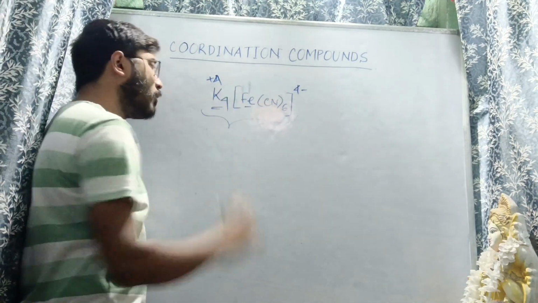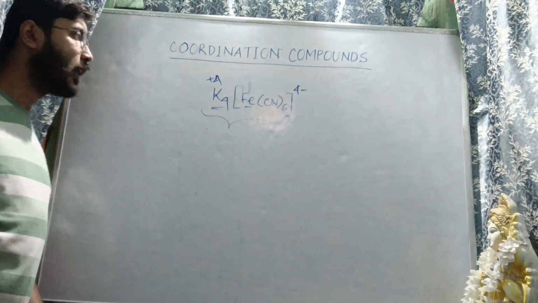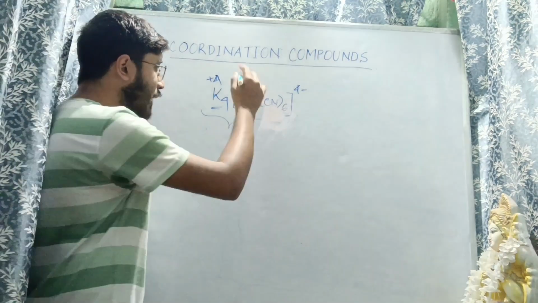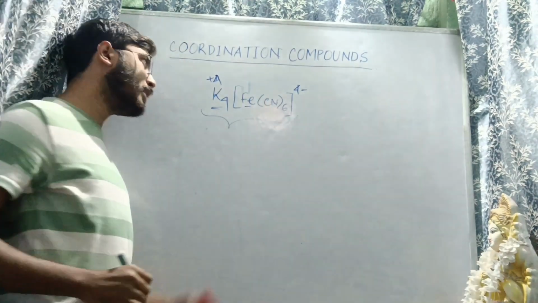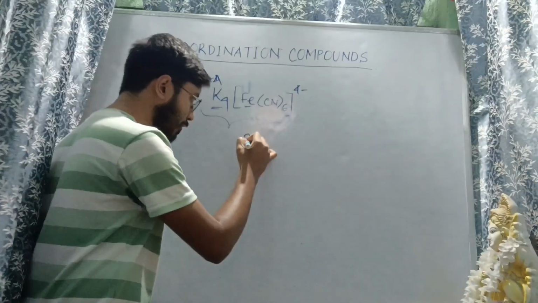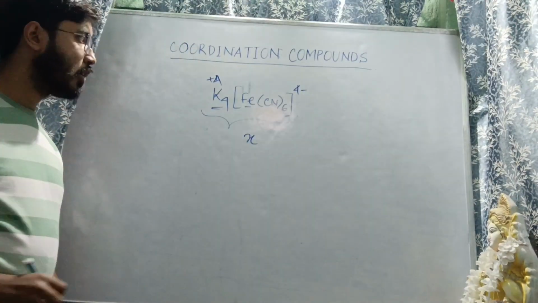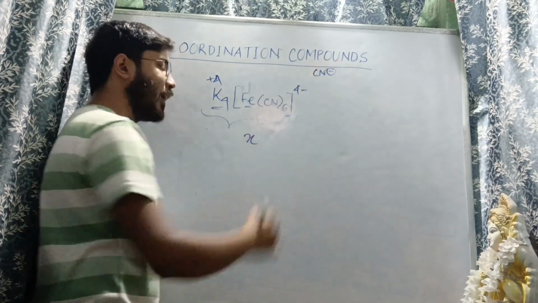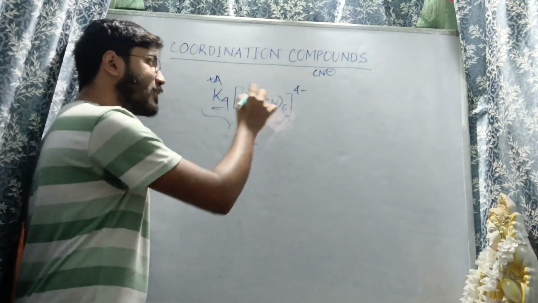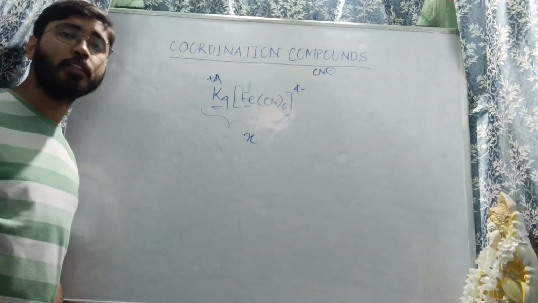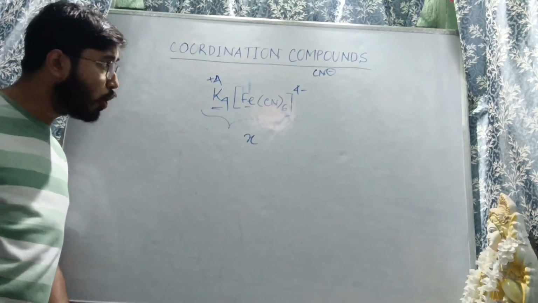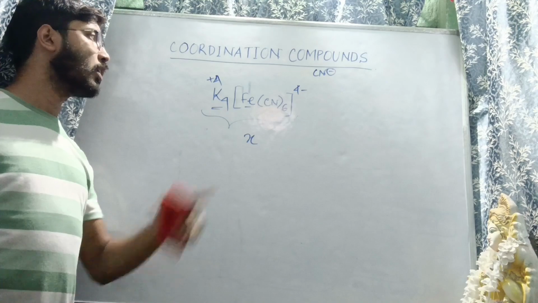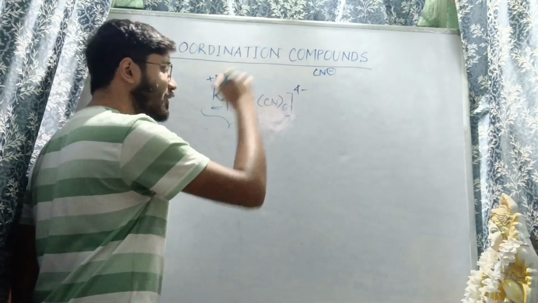So at first we calculate the oxidation number of the iron. Let us consider the oxidation state of iron is X. And we know that cyanide is always present in CN- state. So each cyanide contributes -1 charge, and 6 cyanide ions contribute an overall charge of -6.